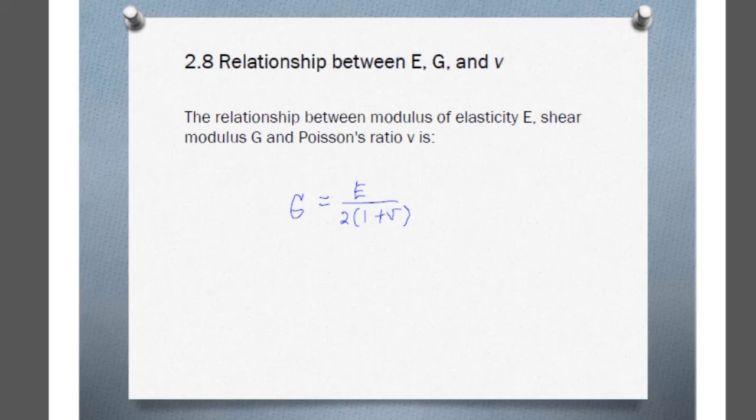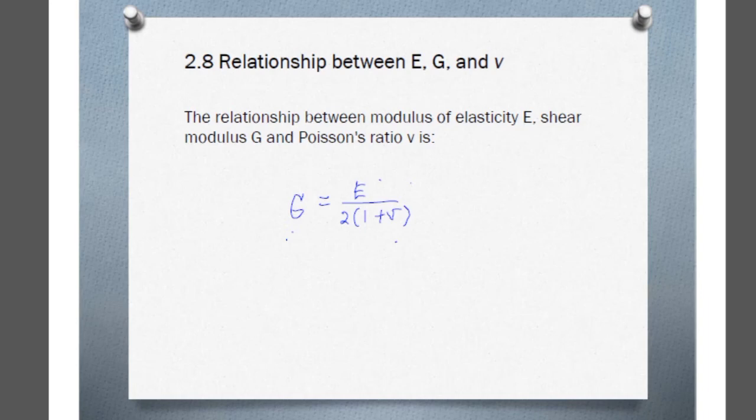So, what is the relationship between the modulus of elasticity, the modulus of rigidity, and the Poisson's ratio? So, we have this formula here. G is equal to E over 2, 1 plus the Poisson's ratio. So, nagagamit natin itong formula na to if isa sa kanila nawawala. Halimbawa, binigyan ka ng Poisson's ratio, binigyan ka ng modulus of elasticity, then you can compute for the value of the modulus of rigidity.